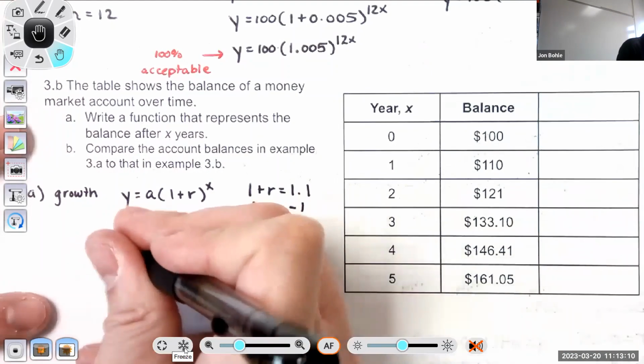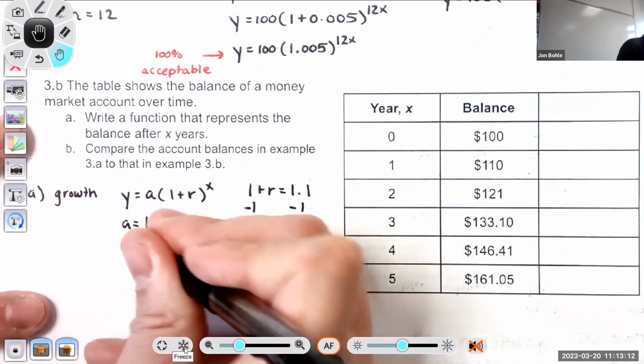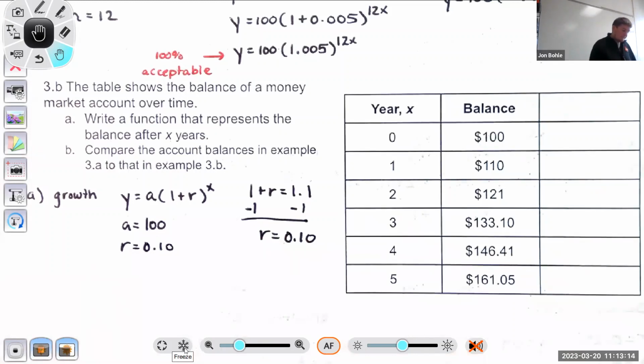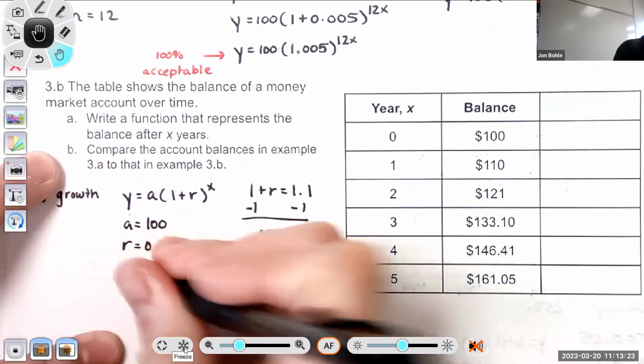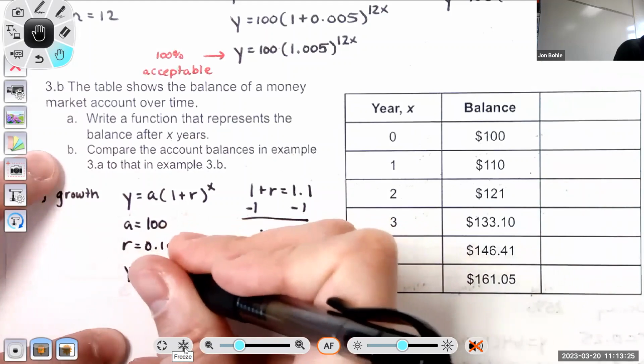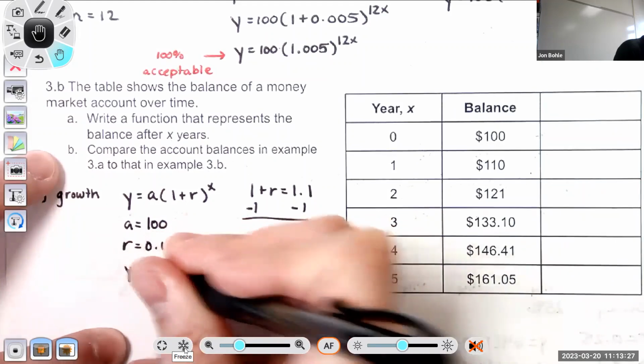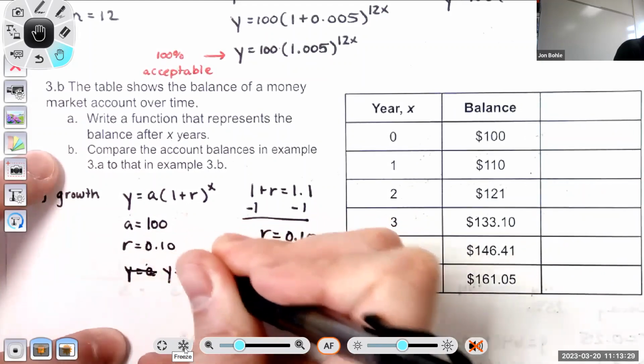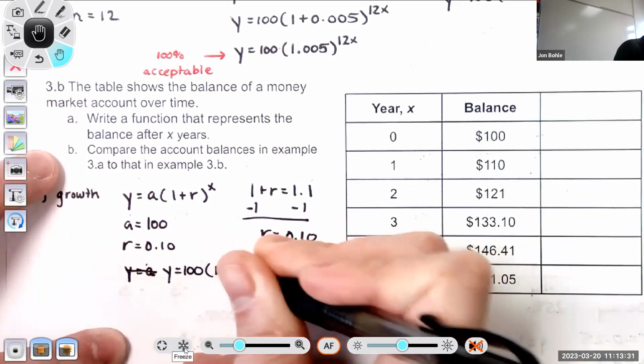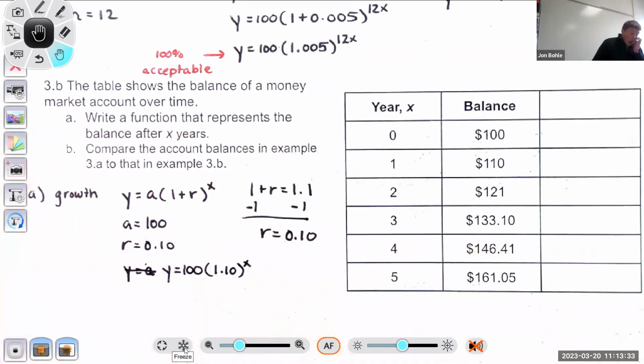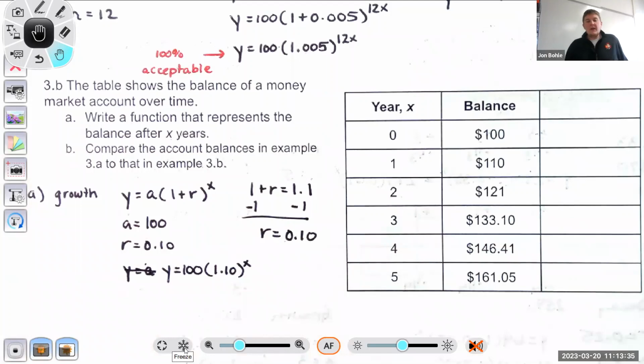So this one has 10% growth. All right, that's part A. Any questions?